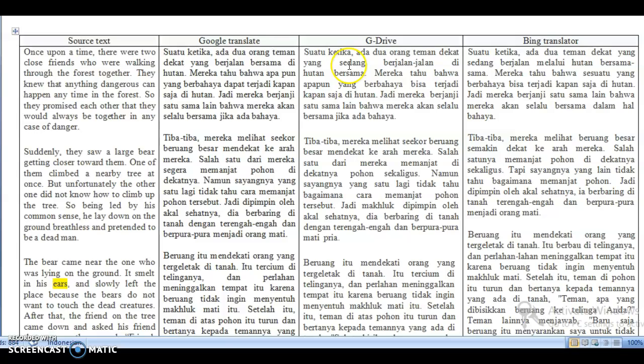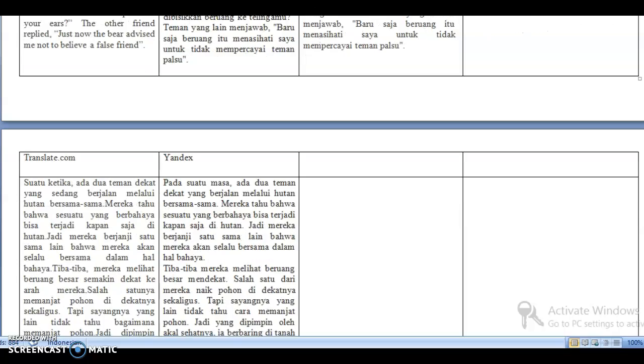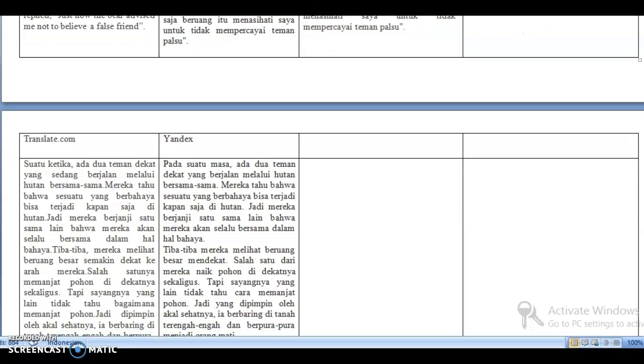So your finding is like: based on Google Translate, the class shift is blah blah blah, the structure shift is blah blah blah. I think you can identify the shifts which occur in Google Translate, Bing Translator, Translate.com, and Yandex.